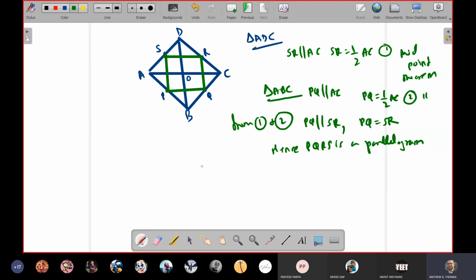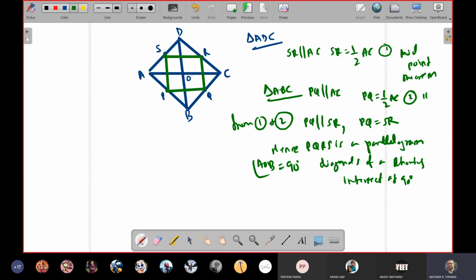Now we go to the second part, we have to prove it's a rectangle. Now how do we do that? Diagonals of a rhombus intersect at 90 degrees, so angle AOB is 90.